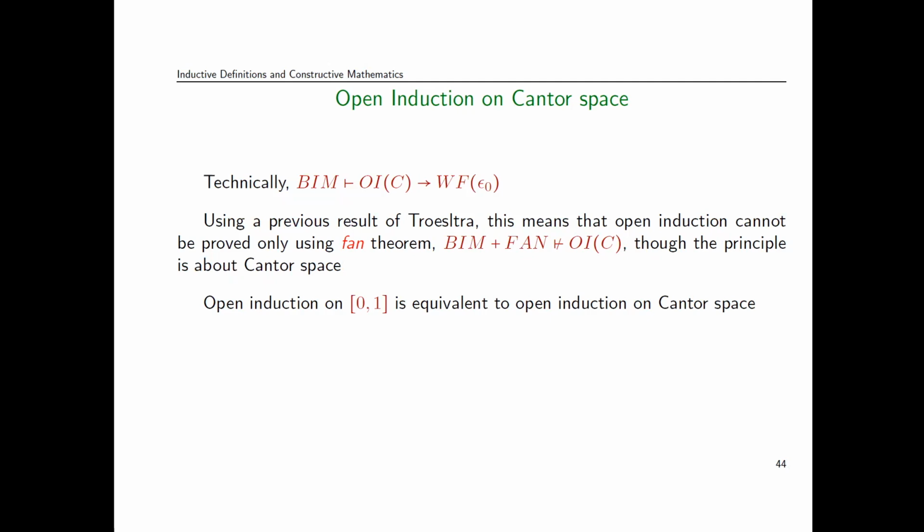So you cannot prove epsilon zero well founded there. From this, it follows that using only the Fan theorem, you cannot prove this principle of open induction. So you need the bar theorem, or something stronger than the Fan theorem, to prove this principle.